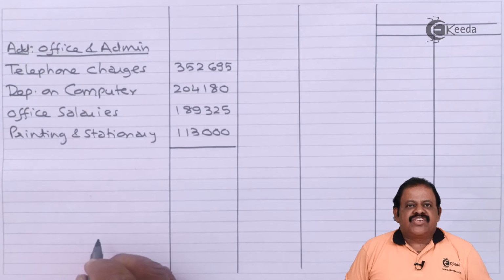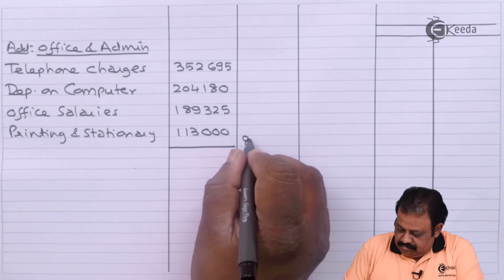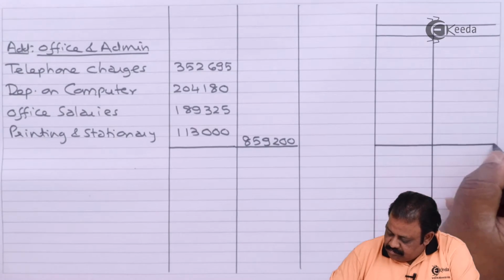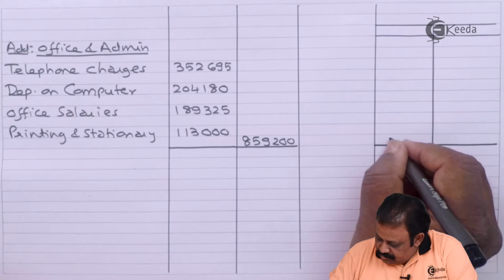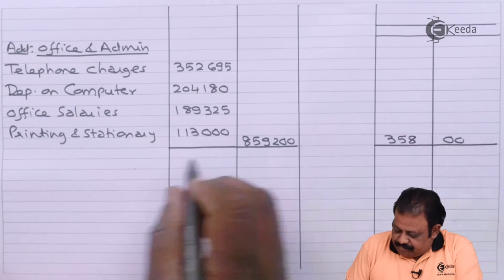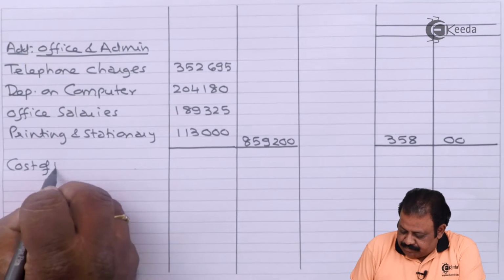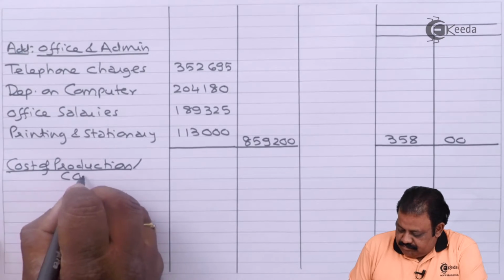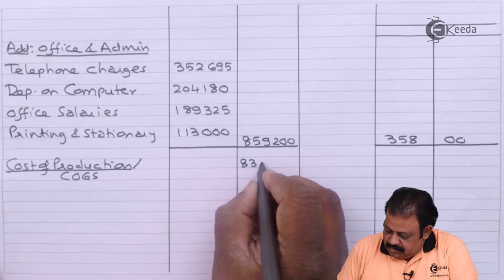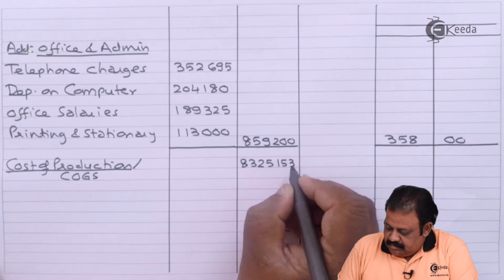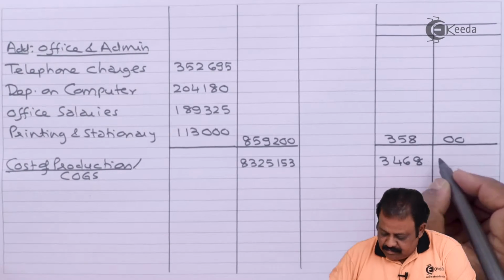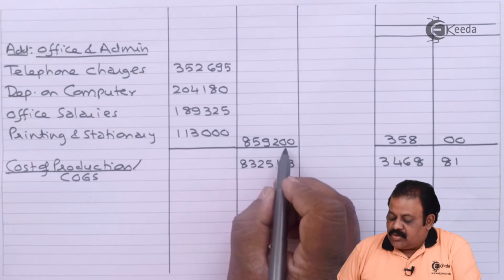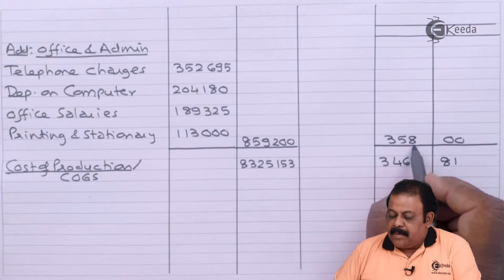We can add all administration overheads. Total administration overheads 8,59,200, per unit 358.